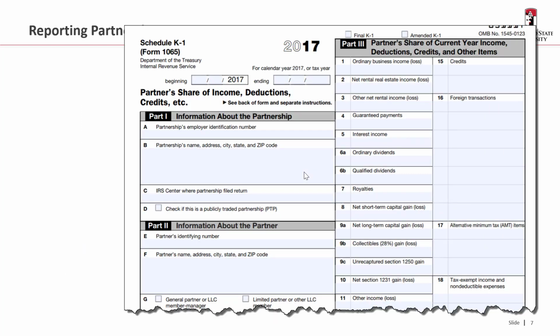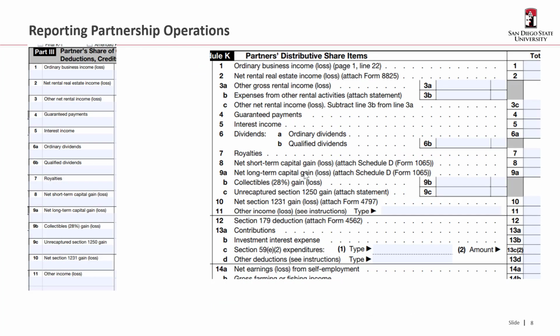That comes on a Schedule K-1, and you would note that Schedule K-1 Part 3 is broken out very similar to Schedule K. We've got some identification information, and then we've got each partner's portion of what was listed on Schedule K. So in theory, if you took all the Schedule K-1s and added them together, they would agree to Schedule K. You can see that by taking Part 3 of Schedule K-1, which is on the left, and lining up each item with what's on Schedule K. Look, line 1, ordinary business income, that's what it is on the Schedule K. Line 2, net rental, that's what it is on Schedule K as well.